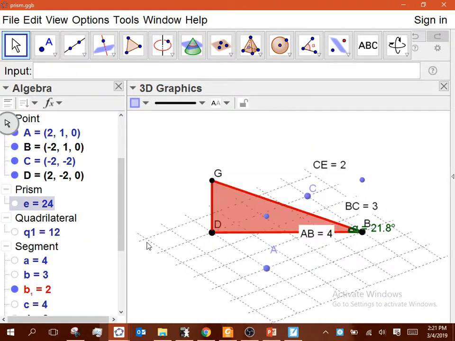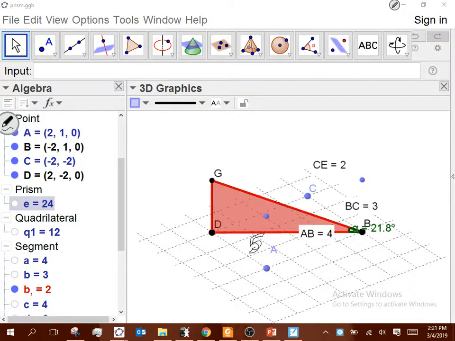Let's get rid of the prism. When I get rid of it, we know that the distance from D to B is now 5, right? They told me the height of the prism in the picture was 2. Can we now find this angle down here? Yeah.